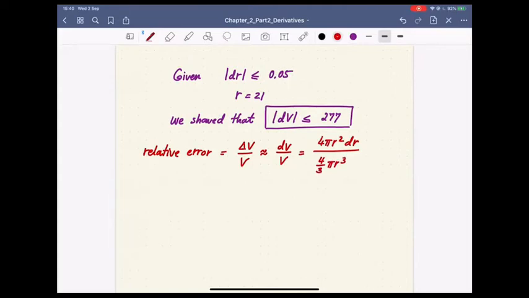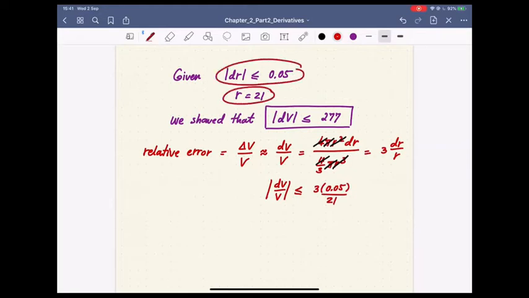So you can cancel: cancel pi, cancel r squared with r cubed, leaving r on the bottom. So you have dr over r, and 4 cancels 4, so you have 3 times dr over r. That means absolute dV over V is not going to be bigger than 3 times 0.05 over 21, because I just plug in the value of dr and r equal to 21 here.